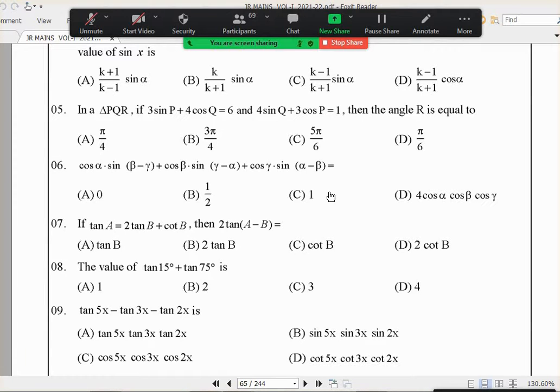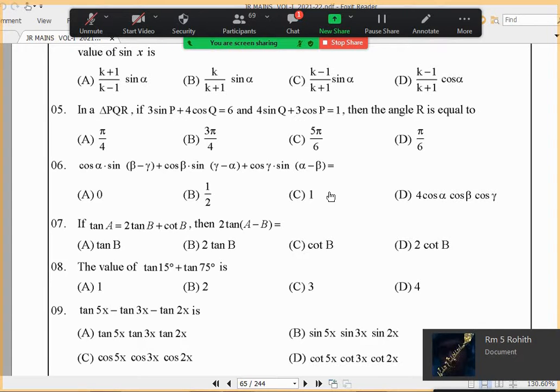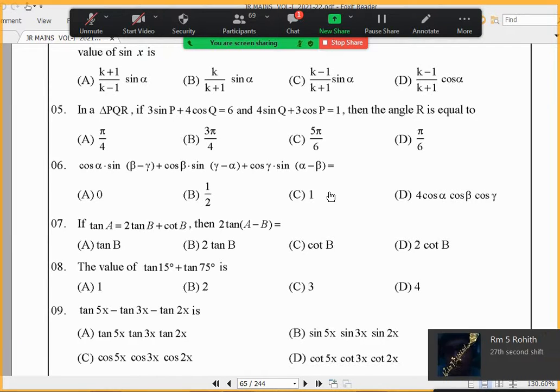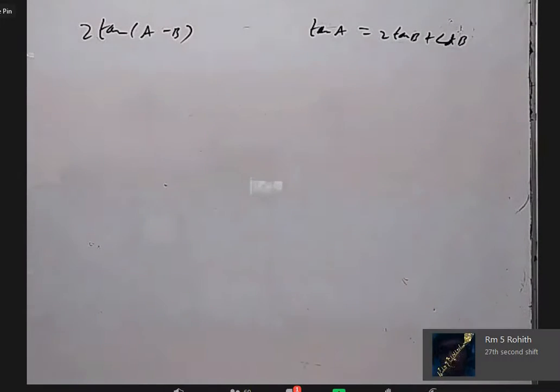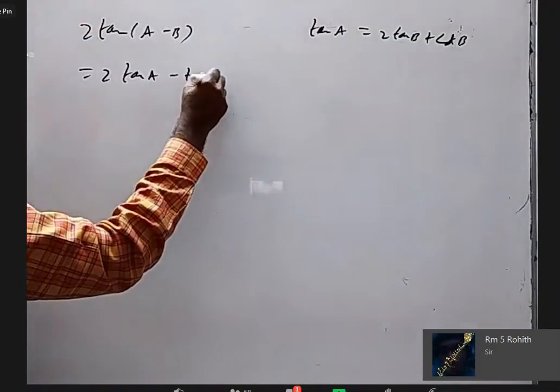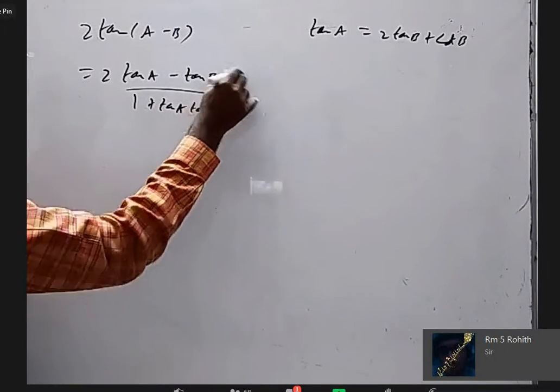In the 7th question, the main thing is that all the options are in terms of angle B, so we have to just remove A. Use the tan A minus B formula, substitute what is given in the place of tan A, and the answer will come automatically in terms of B. They gave tan A equal to 2 tan B plus cot B. So tan A minus B is tan A minus tan B by 1 plus tan A tan B. That is the formula.